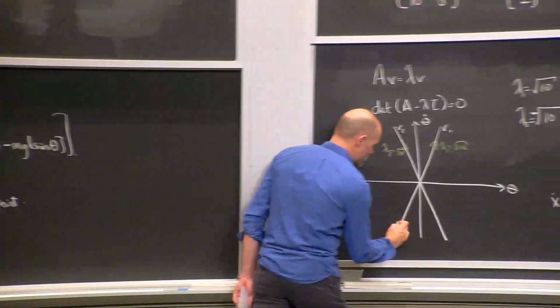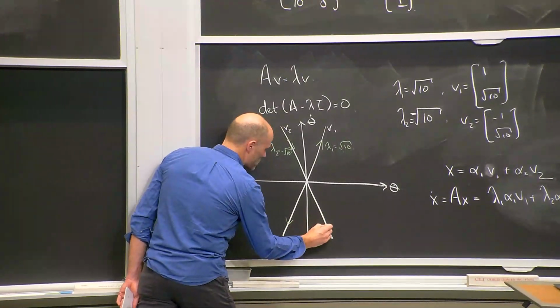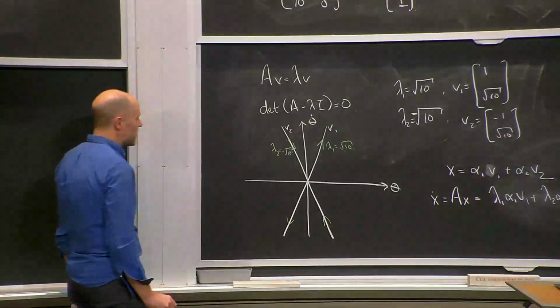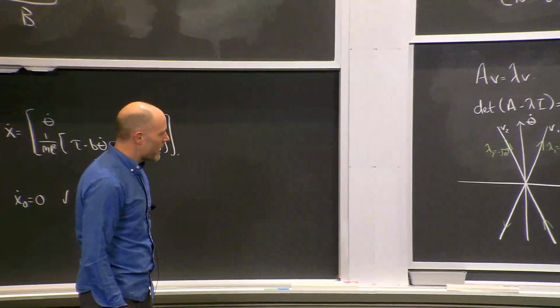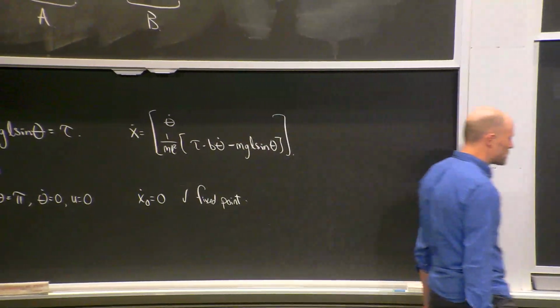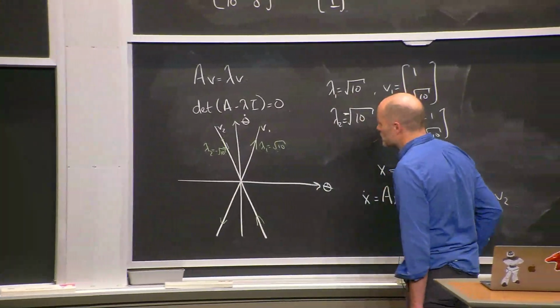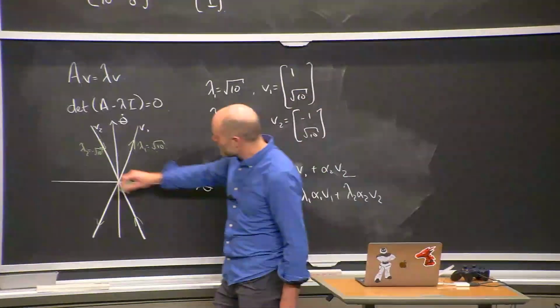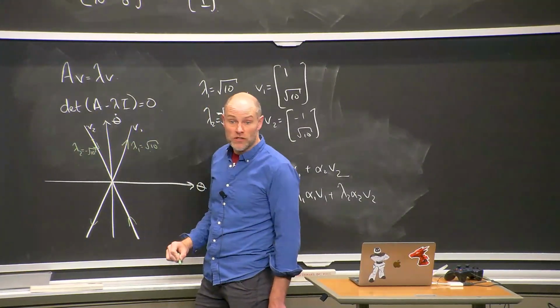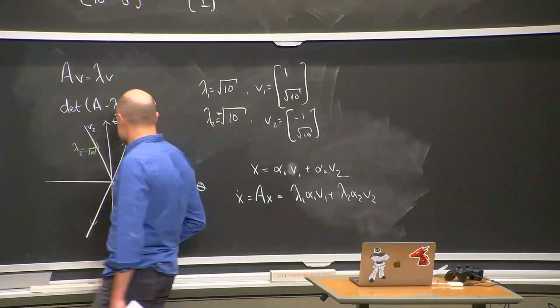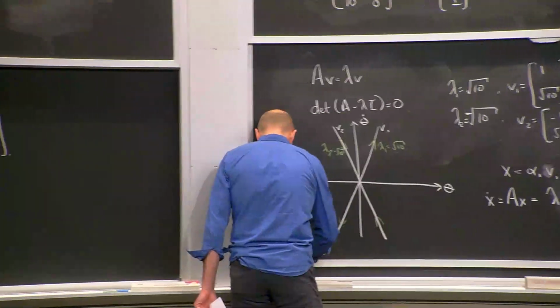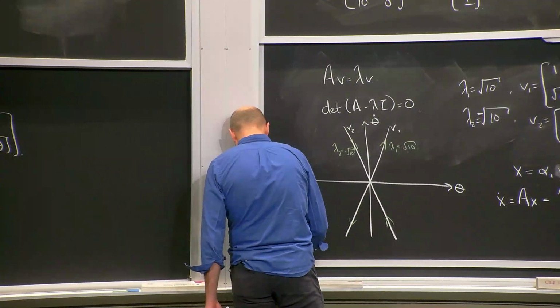I know that if you haven't seen it for a while, it's a bit to remind yourself of, but that's what I'm seeing here first. But it's better than that. Any point in here I can write as a linear combination of those. So let me get more colors going here.